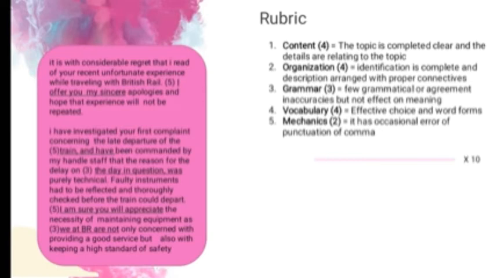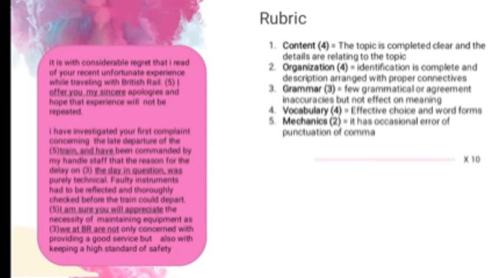As you can see again, in the pink box there is a number 5 on each sentence. For the sentence 'I over you, my siren's apologies', you have to put a comma between you and my because there are two sentences. You have to put a comma to join the two sentences.